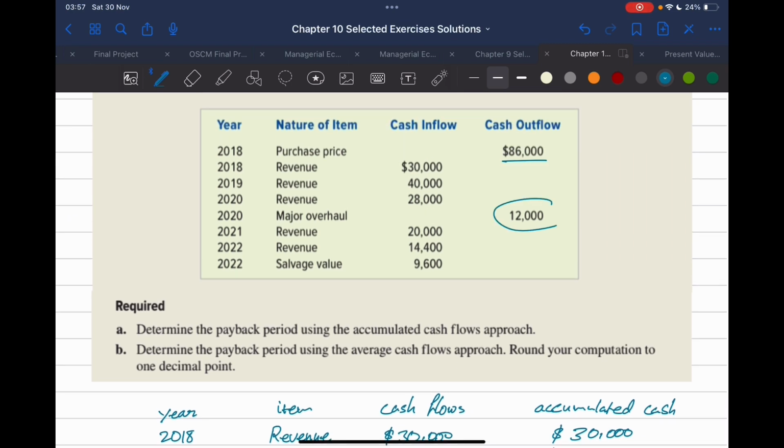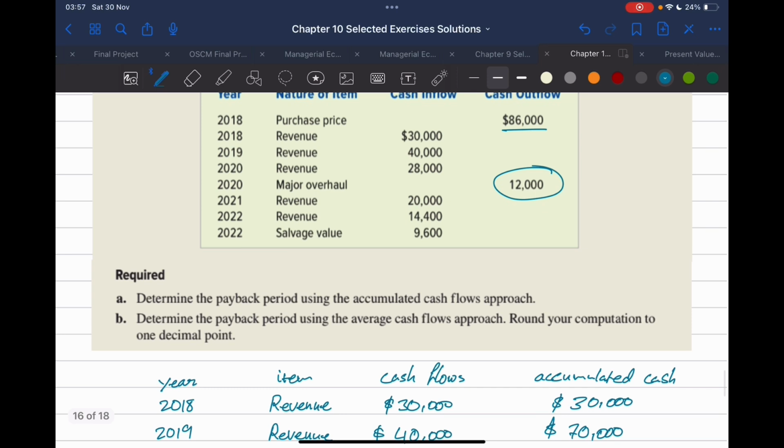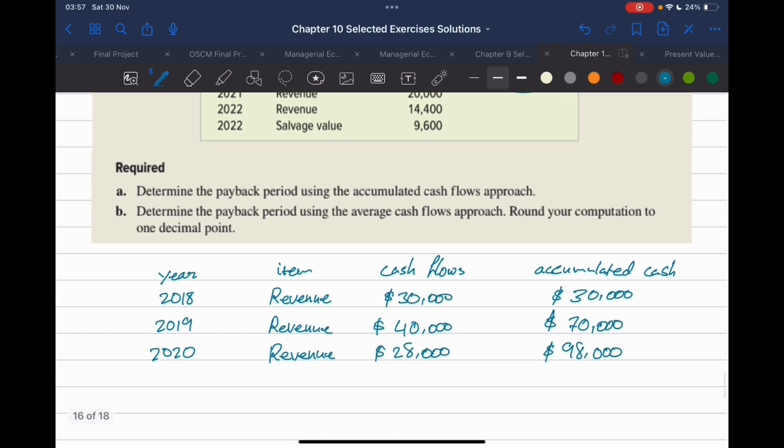But we also need to consider that here we have a cash outflow also on the same year, that the company is expected to pay out for a major overhaul. So again in 2020, major overhaul of $12,000.